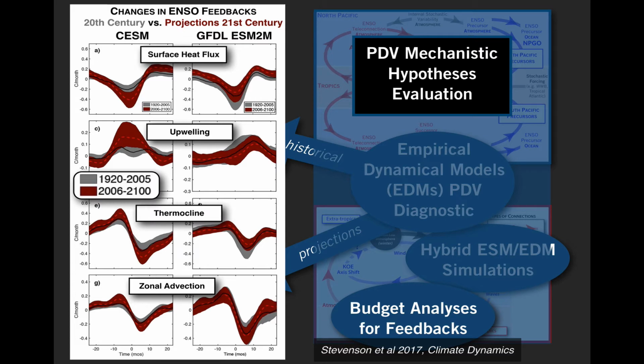One is the Community Earth System Model and one the GFDL. And here are the different types of feedbacks: surface heat flux, upwelling, thermocline, and zonal advection. And you can see, if you look from one model to the other, that these models energize ENSO in different ways.